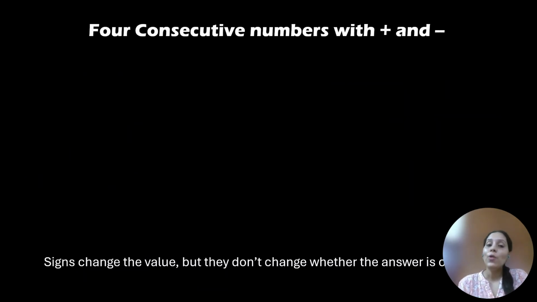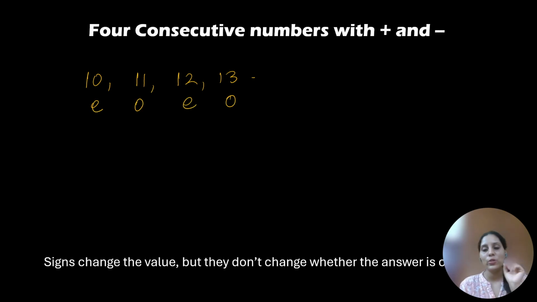Next, four consecutive numbers with plus or minus. So what happens when I take four consecutive numbers? What is the parity? Let us take four consecutive numbers 10, 11, 12 and 13. So I see this is even, odd. When you take four consecutive numbers, definitely two numbers will be even and two numbers will be odd.